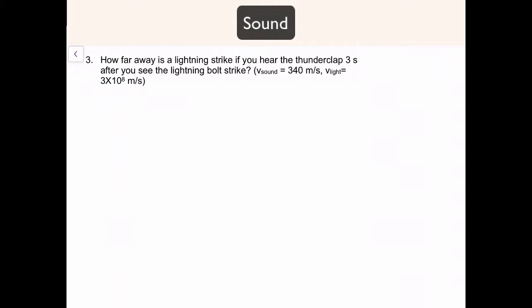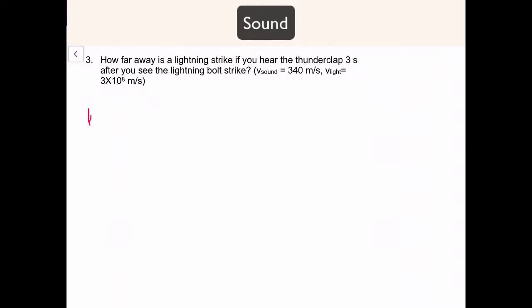As a result, the time taken by the light to travel that distance can be neglected, and for this particular case we can simply focus on the sound.